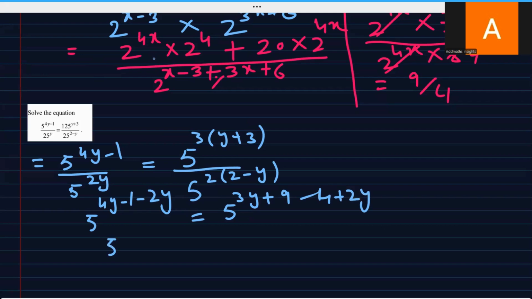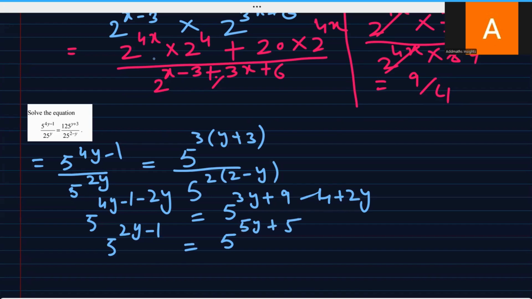You can simplify and you get 2y minus 1 equals 5 raised to the power 5y plus 5.